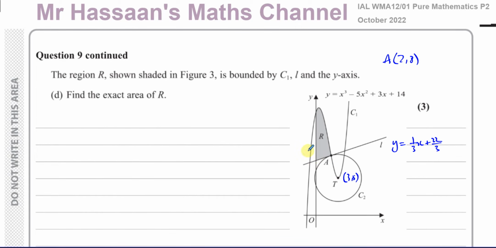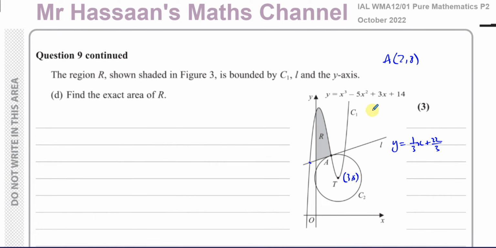Normally when you have a curve and a line, to find the area enclosed between them, you could subtract these two equations from each other and then integrate between the limits where they intersect. But I think that's going to be a bit of a hassle here, finding the coordinates of where they intersect. You could do it.